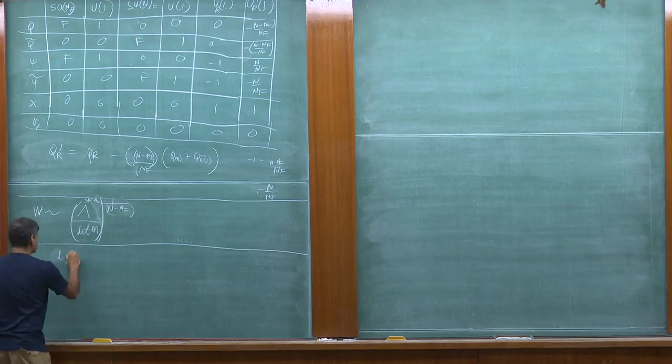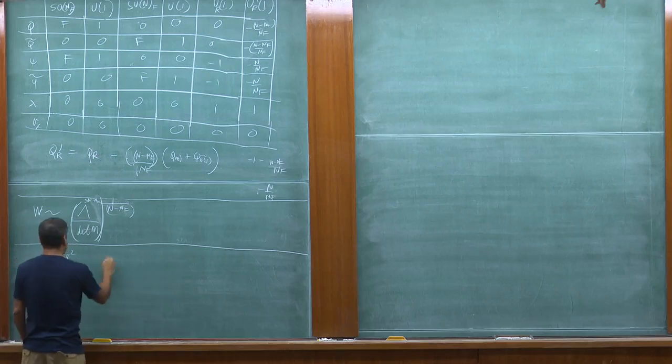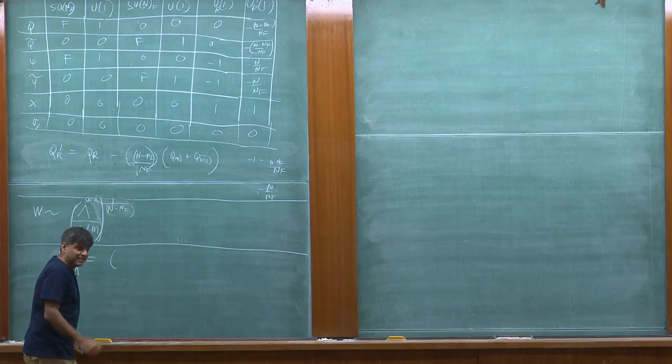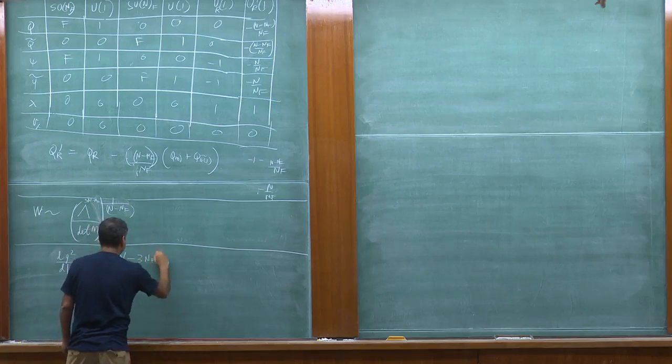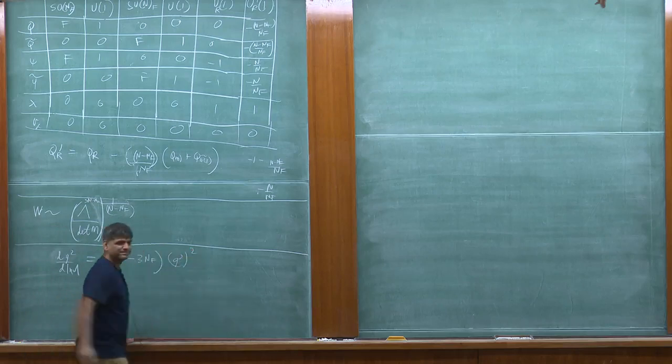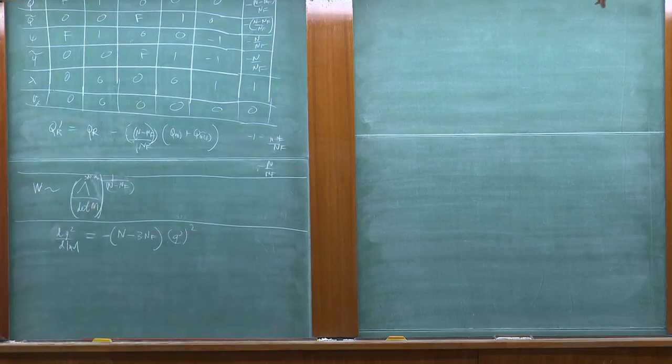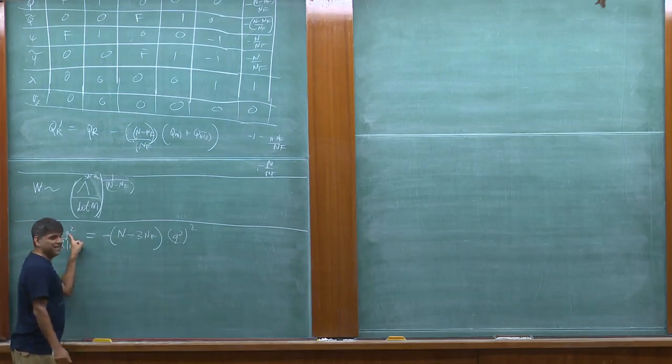So dg squared by d log lambda has a coefficient which, in the case of supersymmetric Yang-Mills theory, is proportional to 3n minus nf, times g to the power 4. I'd written this with a g, but it's actually with a g squared.